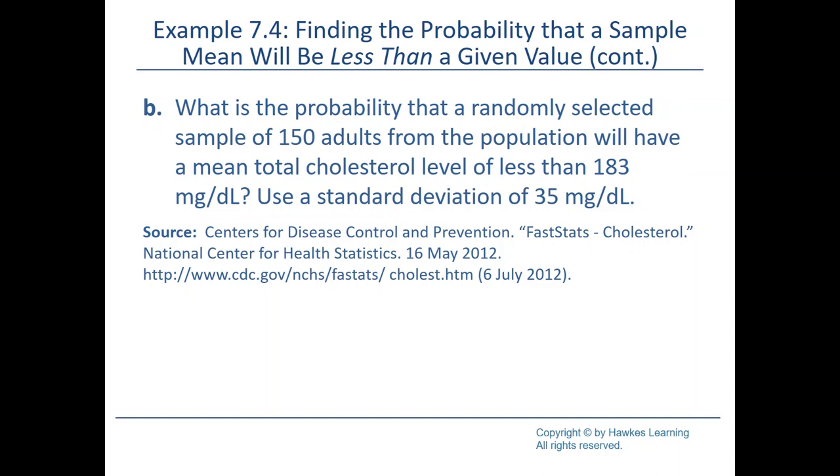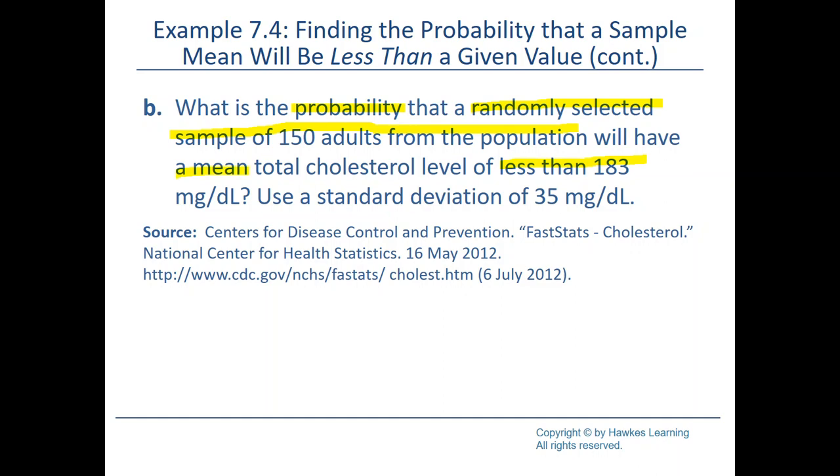But I want to point out some key words. It says what is the probability, so we're looking for a probability, but it's a randomly selected sample of 150 adults from the population, and that will be less than 183.